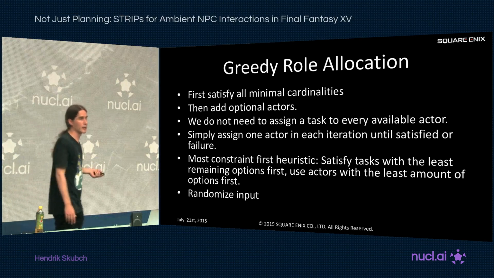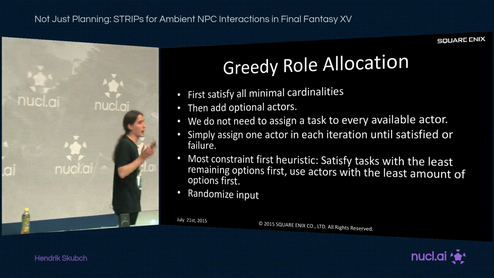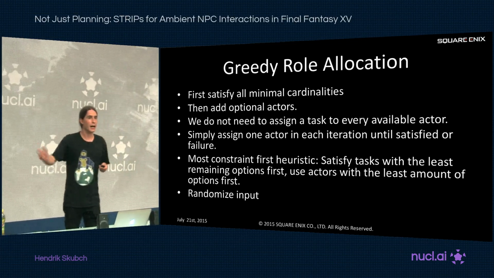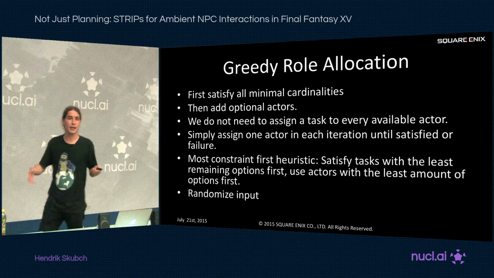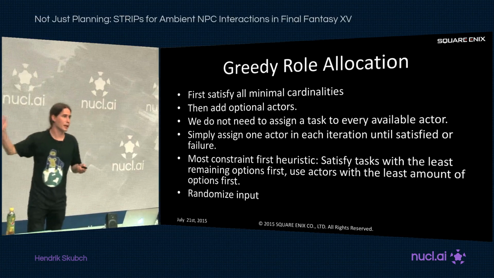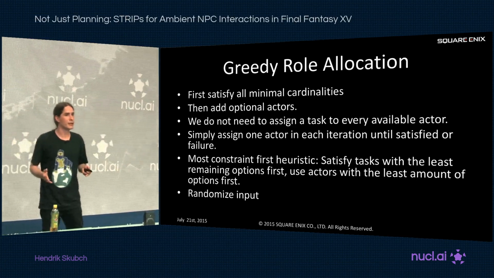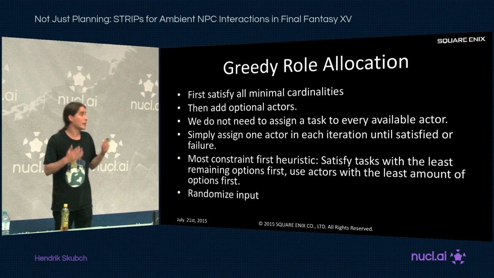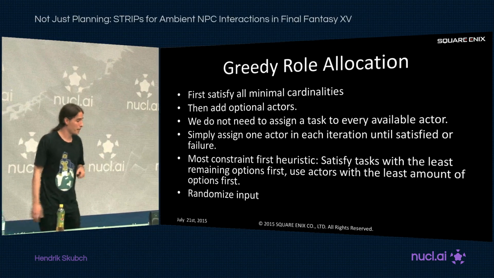We just randomize the input, and if we fail, we fail. We can try again next frame, we can try again in a couple of seconds, can even try again in a couple of minutes. We don't need that script to run right now.